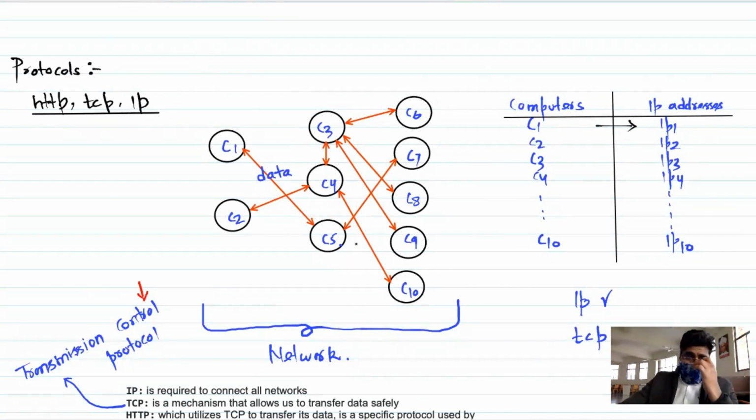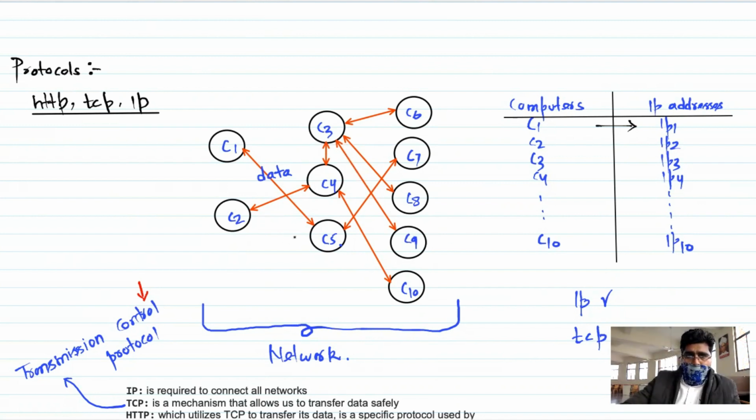All these computers are connected to each other somehow. Let's say if C1 wants to communicate with C9, then C1 would take this path and communicate with C9. It is not directly connected to C9, but it can somehow communicate with C9.